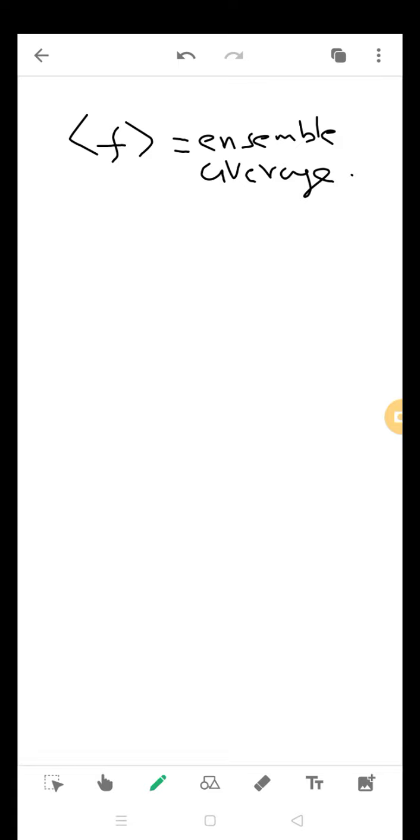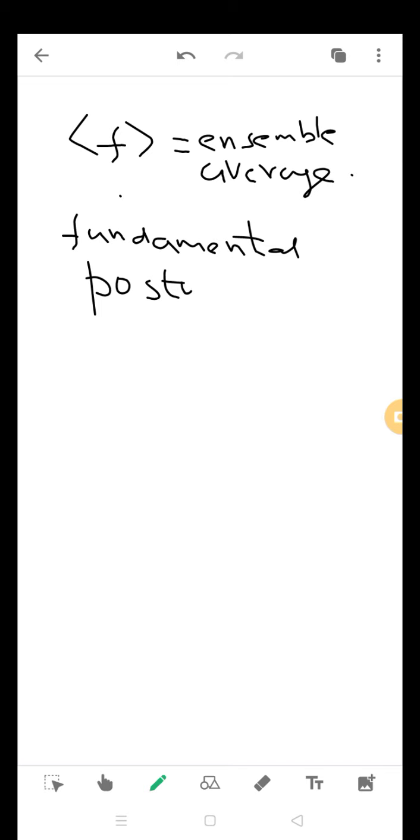And this result is also called the fundamental postulate of statistical mechanics.